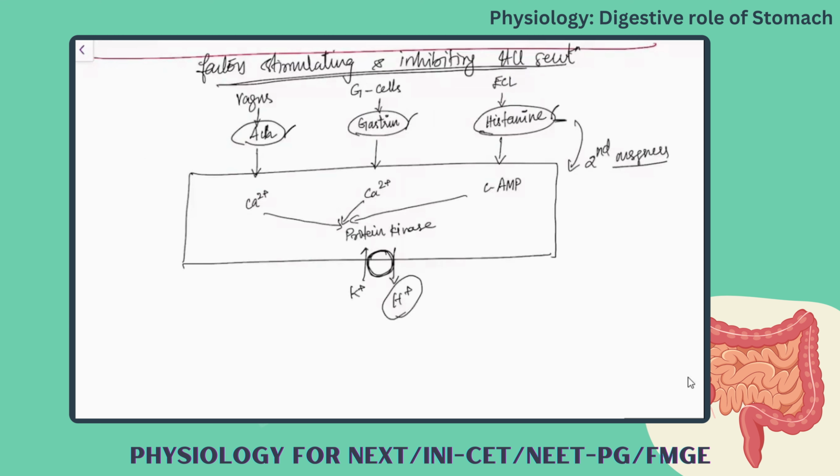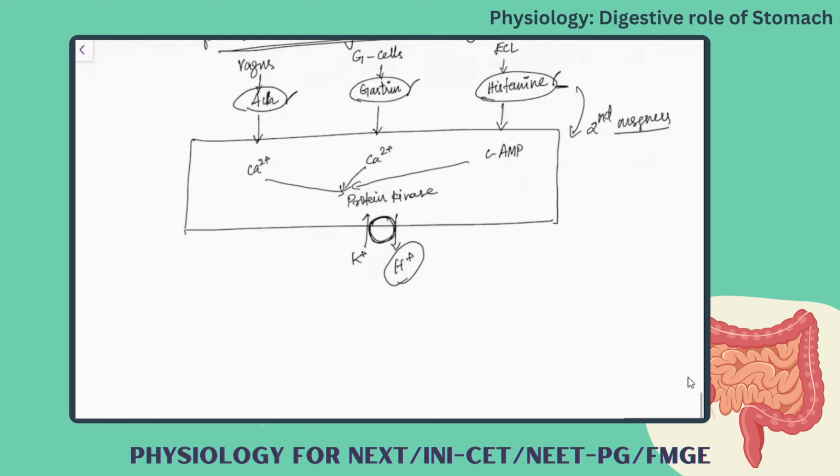It will not happen always. It has this regulatory mechanism. Acetylcholine is released from the vagus nerve as a neurotransmitter. G cells control through gastrin, and the enterochromaffin-like cells control through histamine.